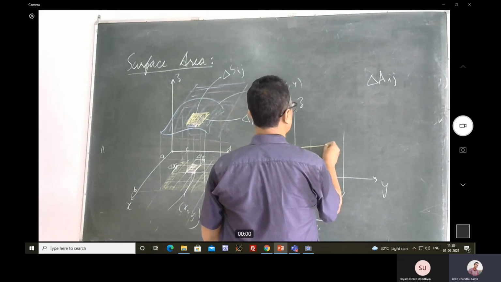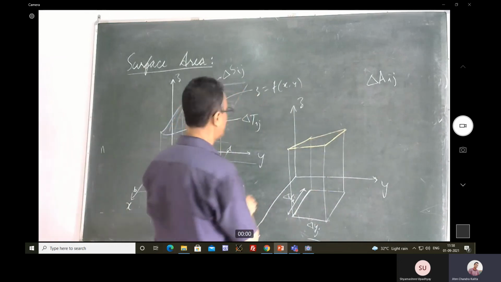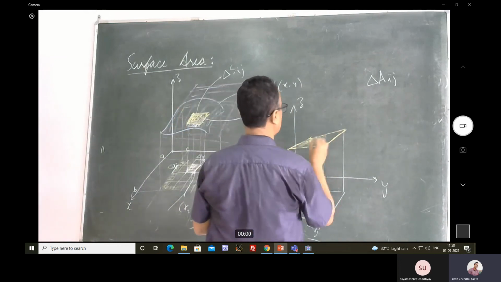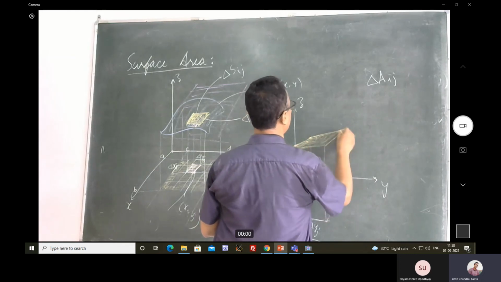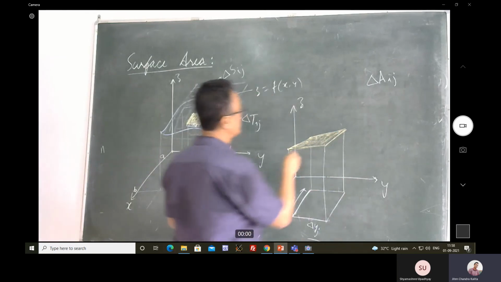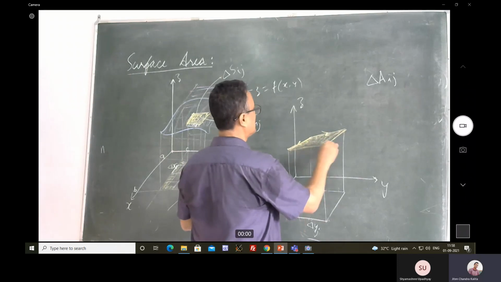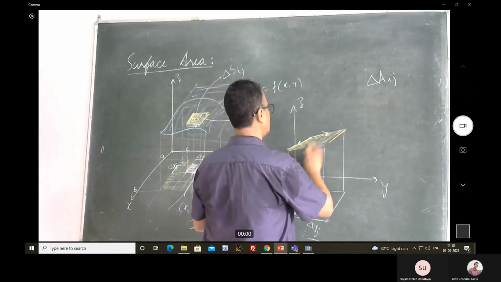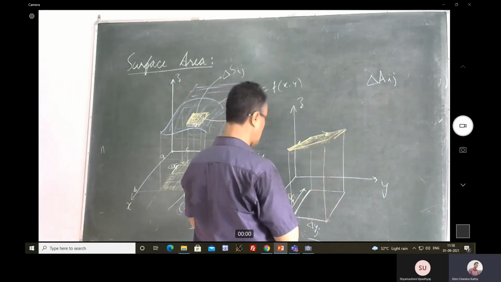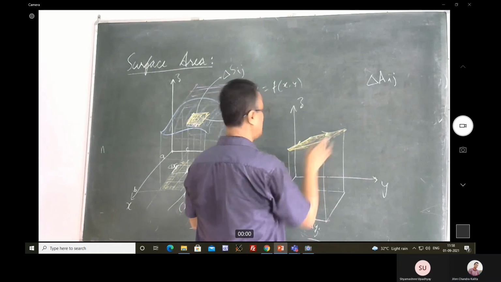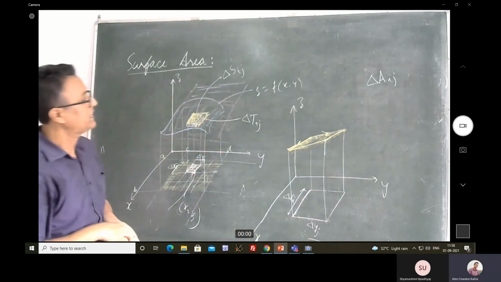Okay, fine. This should be good enough. So the tangent plane is going to be something like this. Is it fine?